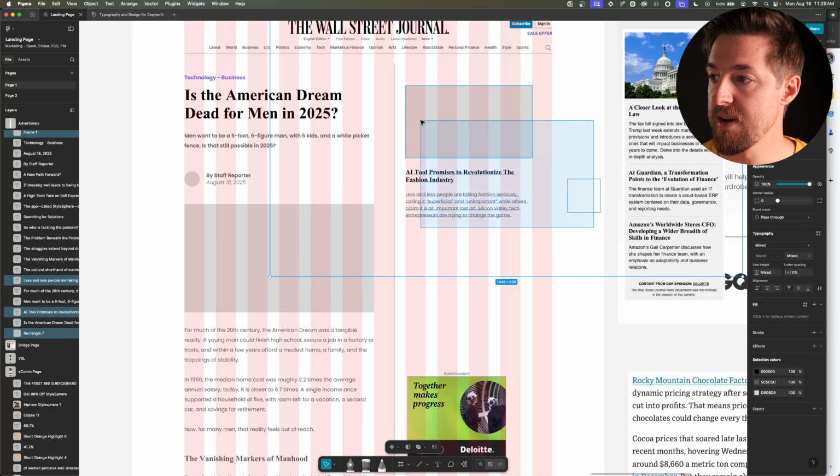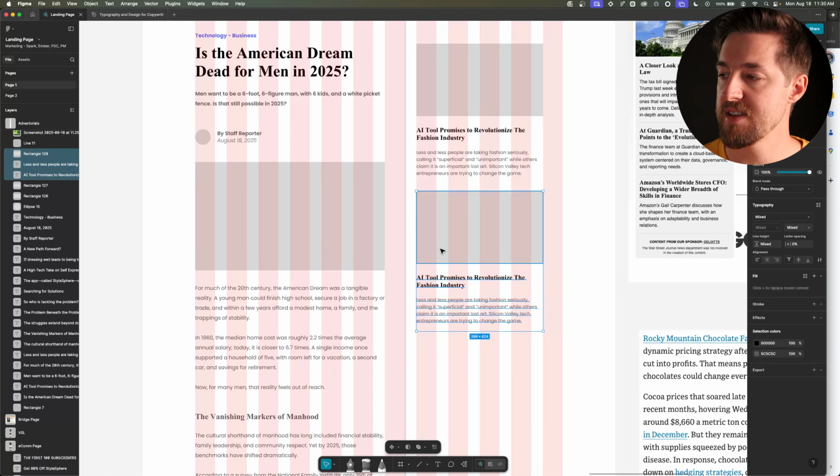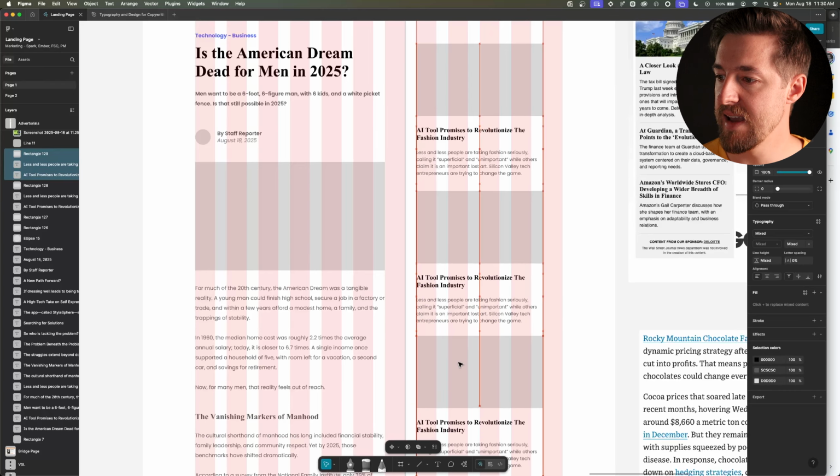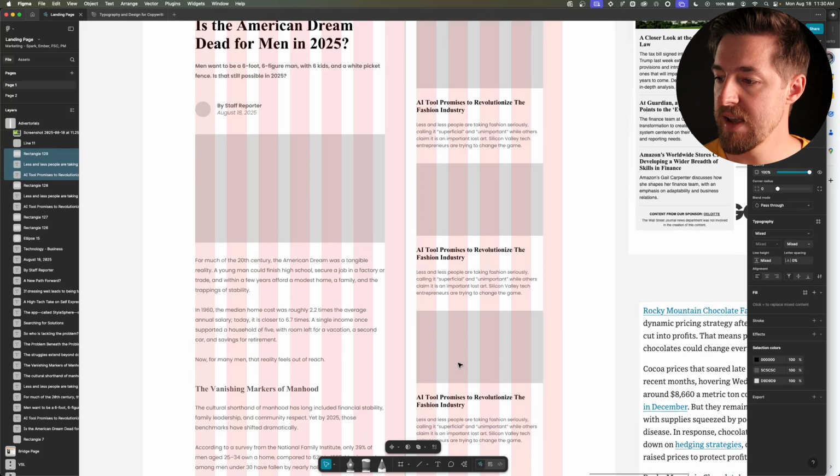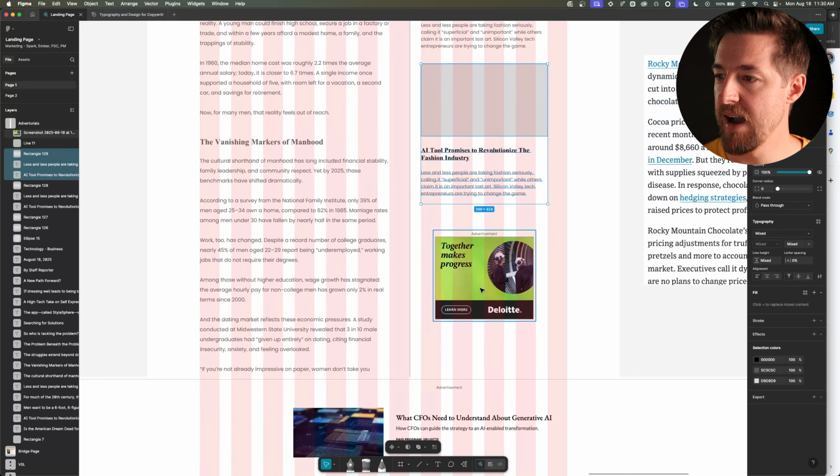And the idea is that we're going to have a couple of these stories here that we can go after, and it's going to be relevant to what we're doing here. So I'm going to put 3 stories up there. I feel like that's a good amount of stories. And then we're going to have an advertisement underneath.